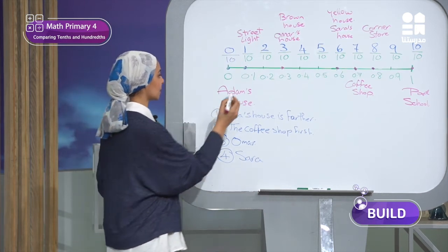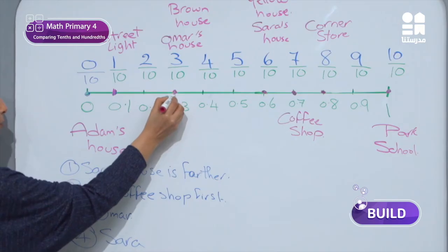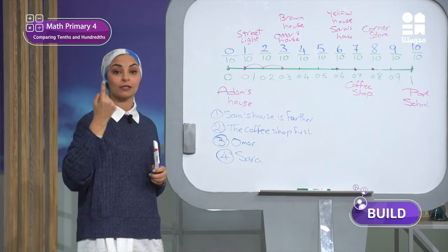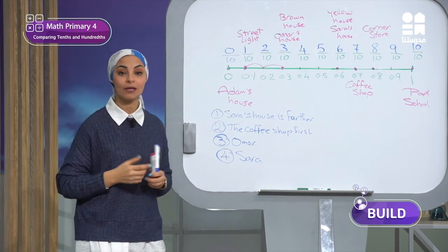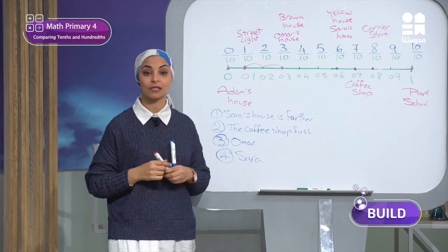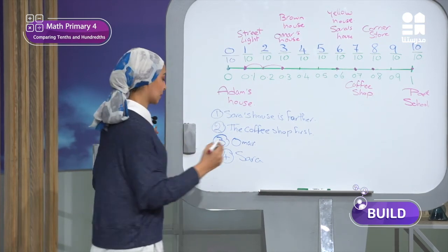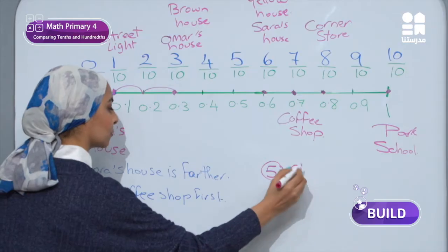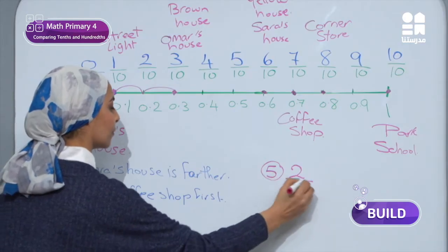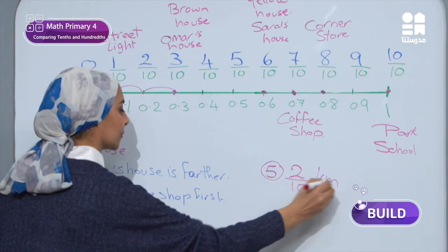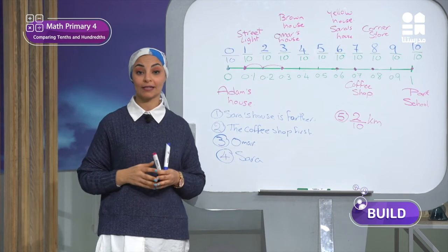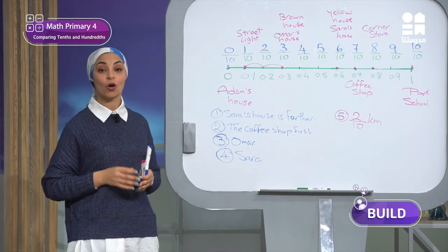Look as you see here the street house and this is Omar's house, so it is 2 places farther from each other. طيب كل place represent 1/10 يبقى the distance is 2/10 kilometer from the street house. يبقى number 5 is 2 over 10 kilometer.